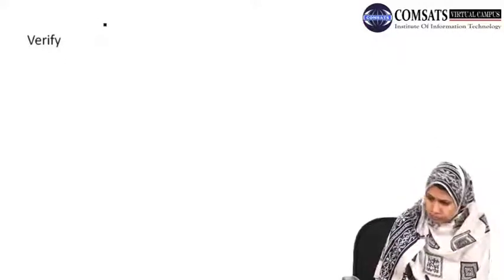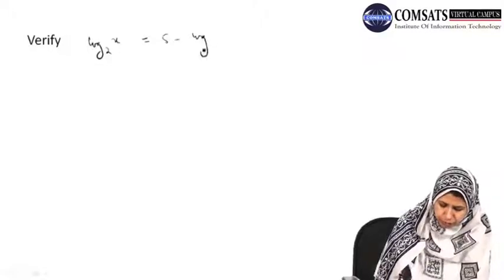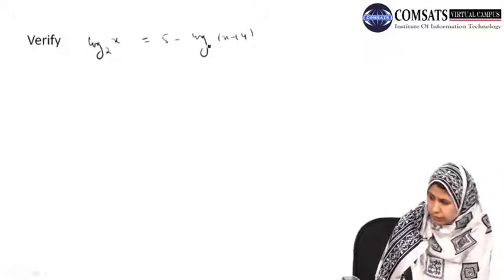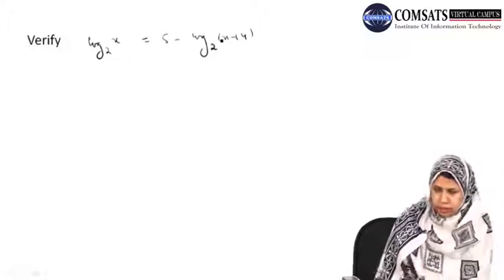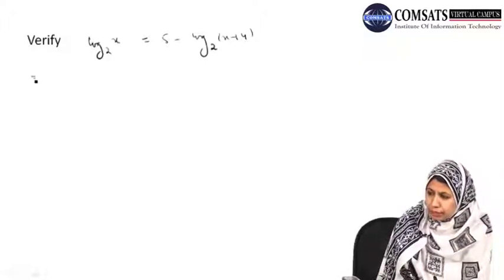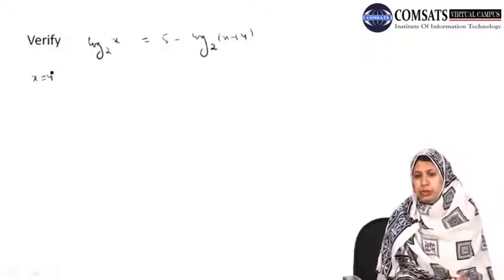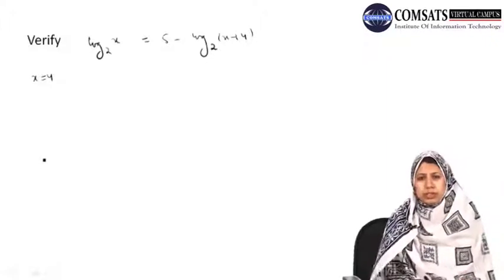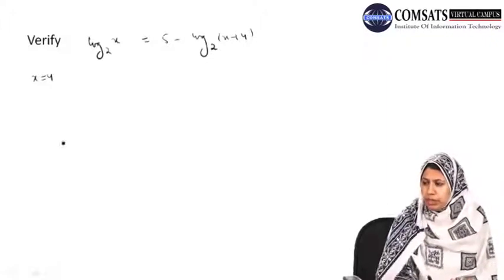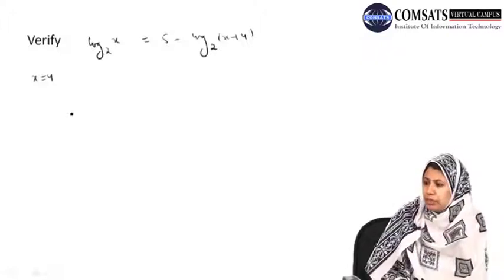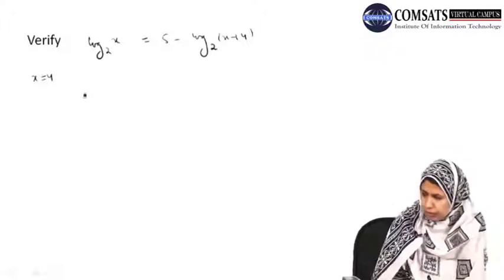Our log equation was log of x to the base 2 is equal to 5 minus log of x plus 4 to the base 2. Now we have to check, for x is equal to 4, the root which we have just found by using the factorization method, whether this value satisfies our logarithmic equation or not.